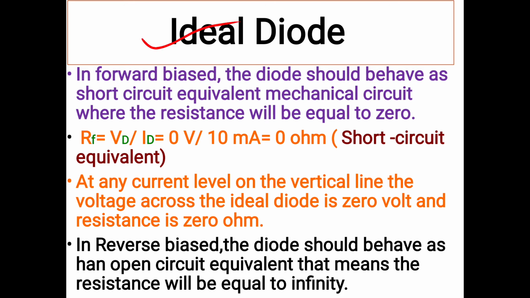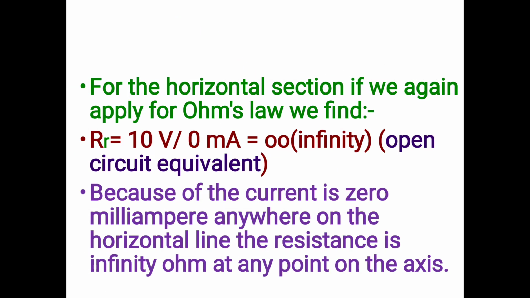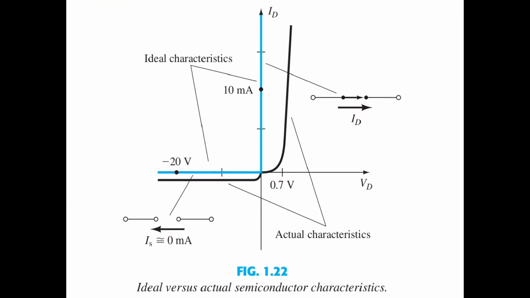Now we are going to study the ideal diode, and we will see the ideal diode characteristic. As we have seen, in case of forward bias, the diode behaves as a short circuit, equivalent to a closed mechanical switch. That means the resistance will be equivalent to 0. Applying Ohm's law, we find the resistance for the forward bias diode is 0 ohm. Here we have assumed 0 volt. You can see from this figure that even when the applied voltage is equal to 0, there is a flow of current, which is touching the vertical line.